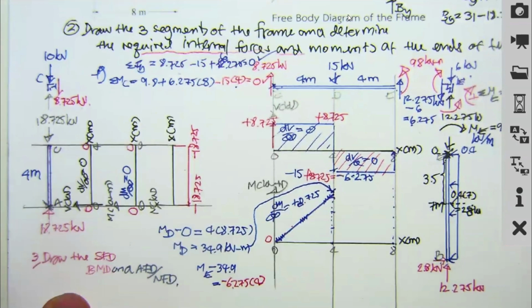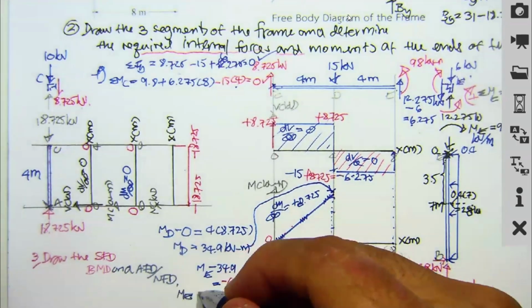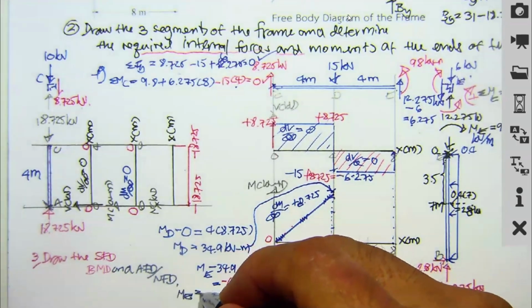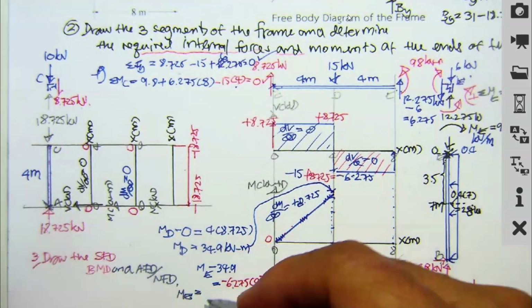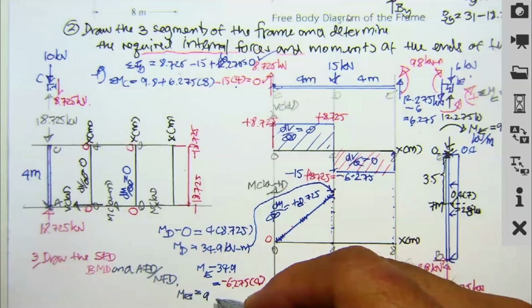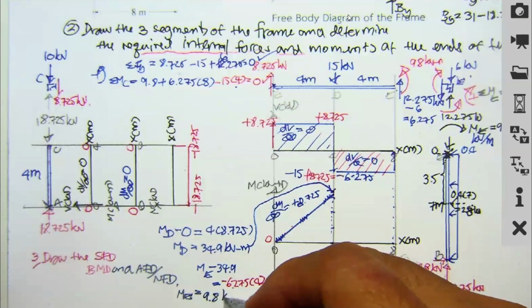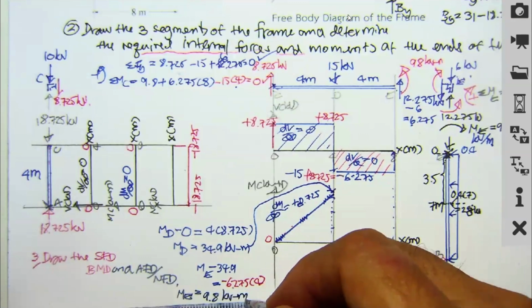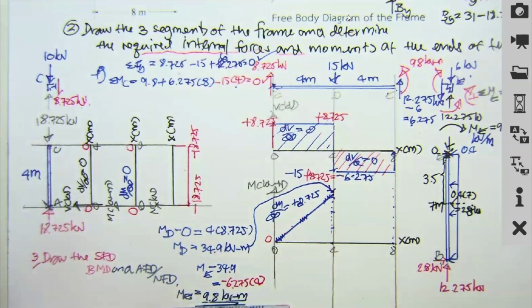Okay, and then you will get M sub E. You should get M sub E to be 9.8 kilonewton meter, and it is positive.